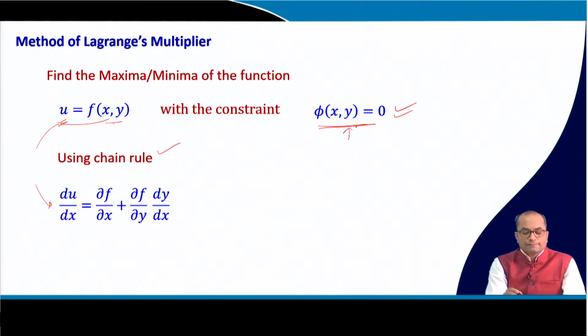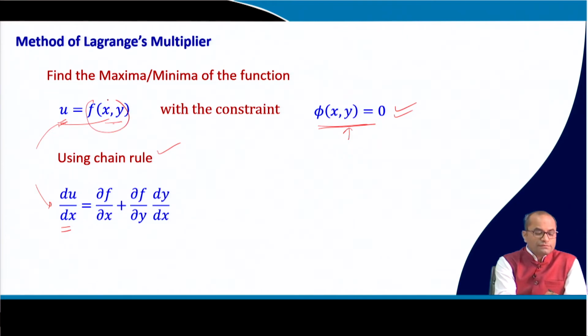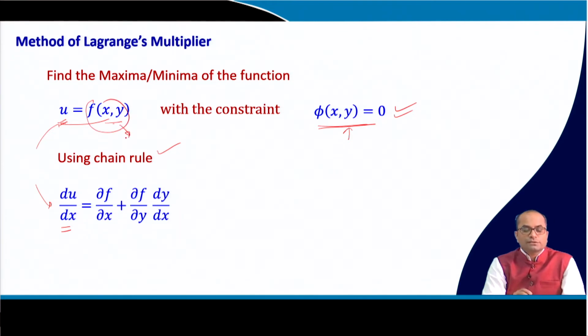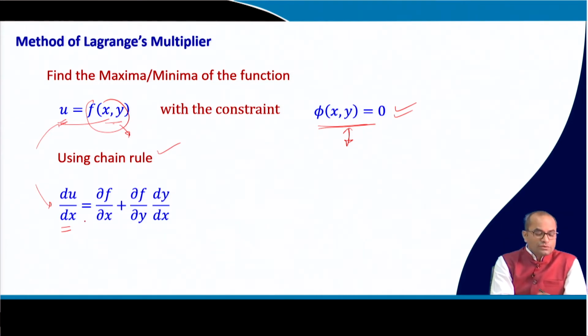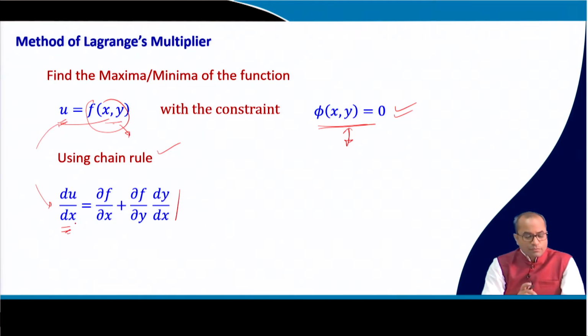At the end u is a function of x, and using the chain rule we can find du over dx.